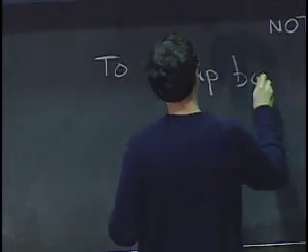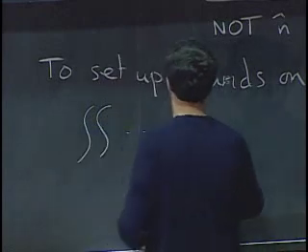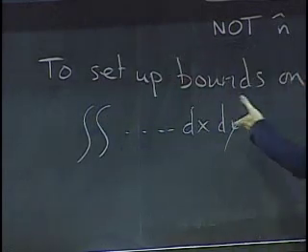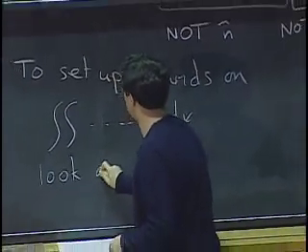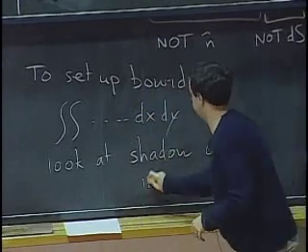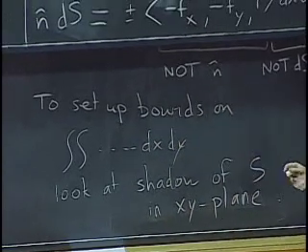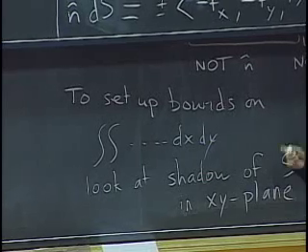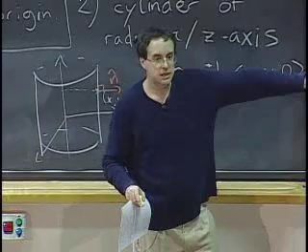So to set up bounds on whatever you get, dx dy, or you can switch to dy dx or anything you like, you will need to look at the shadow of S in the xy plane. But only do that after you've gotten rid of all the z. When you no longer have z, then you can figure out the bounds for x and y. Any questions about that?